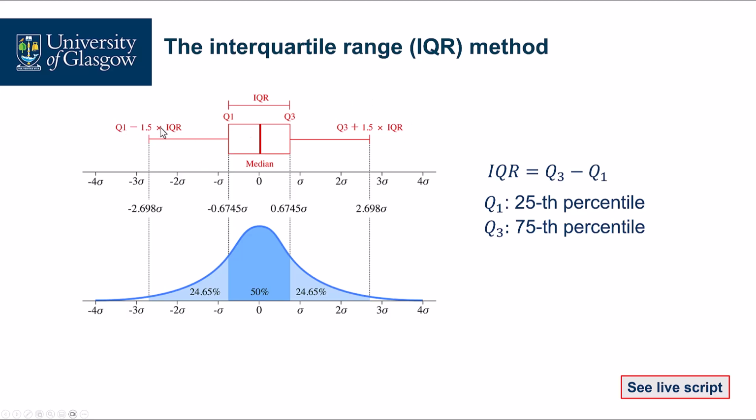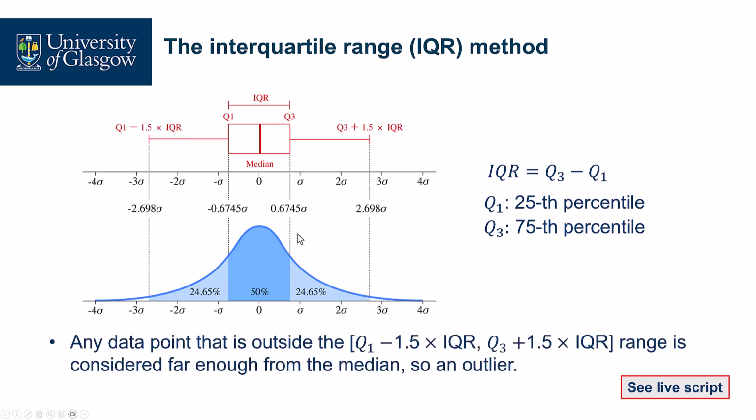On the left-hand side, we use Q1 minus 1.5 times IQR. Data points outside this range, here or here, are far enough from the median that we consider them outliers. You can see this in the live script and try it yourself.